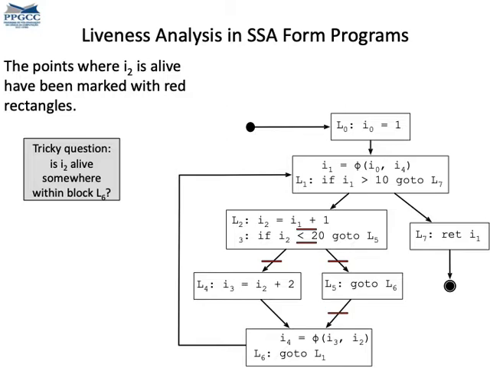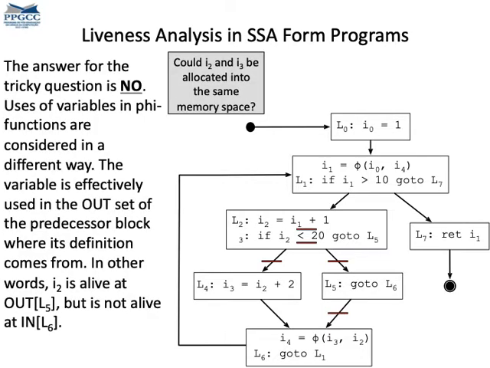And do you think that I2 is alive at the block with the label 6? The answer is no. A variable is not alive at the phi function where it's used. It's alive only along the edge that leads to that phi function.